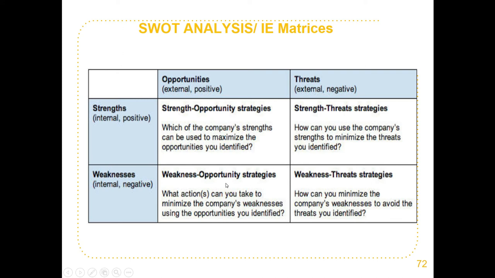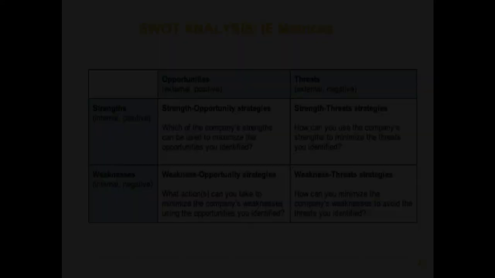For your WO strategies, what actions can you take to minimize the company's weaknesses using the opportunities you identify? And for the weakness and threats strategies, you can minimize the company's weaknesses to avoid the threats that you identified. Okay? All right, moving on.